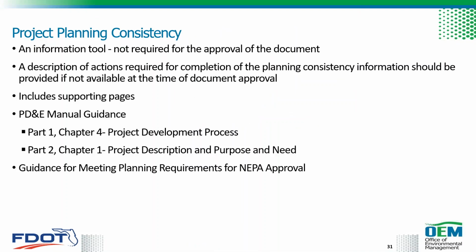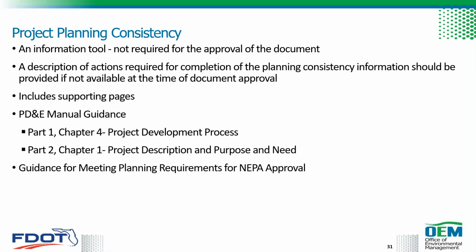For future phases not currently shown on reference plans and programs, the form should also include information on the planned steps towards implementation, including the anticipated fiscal years. Supporting documentation for project plan consistency should also be attached to the form, such as actual pages from the appropriate long-range transportation plan, the cost feasible plan, transportation improvement program, and the current state transportation improvement program.